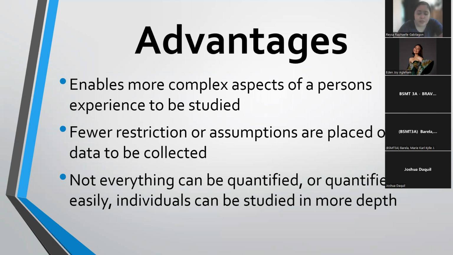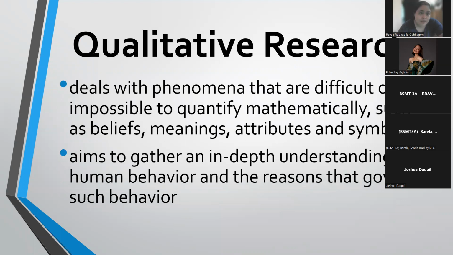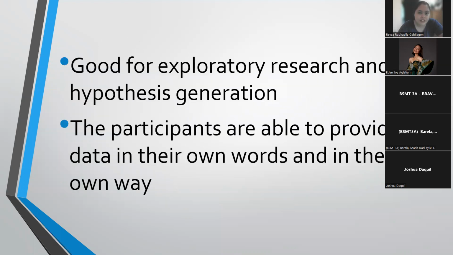And since you are asking open-ended questions, fewer restrictions are found in qualitative research, or fewer assumptions are placed on the data to be collected. So again, not everything can be quantified. Therefore, those things that cannot be quantified can be studied in more depth if we are going to make a qualitative research.